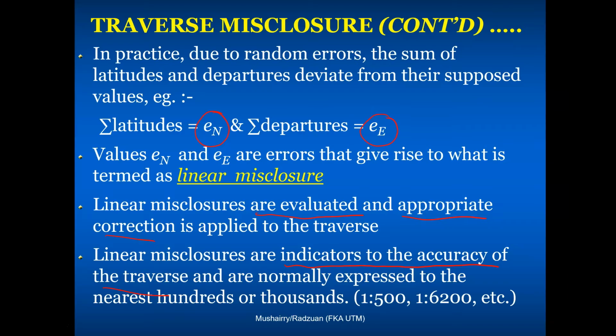So the bigger the number, the better the accuracy is. Anyway, when you write them down, you write them either to the nearest 100 or to the nearest 1,000, like so. Forget about the decimal places. Just nearest 100 or nearest 1,000, as what people normally do anyway.